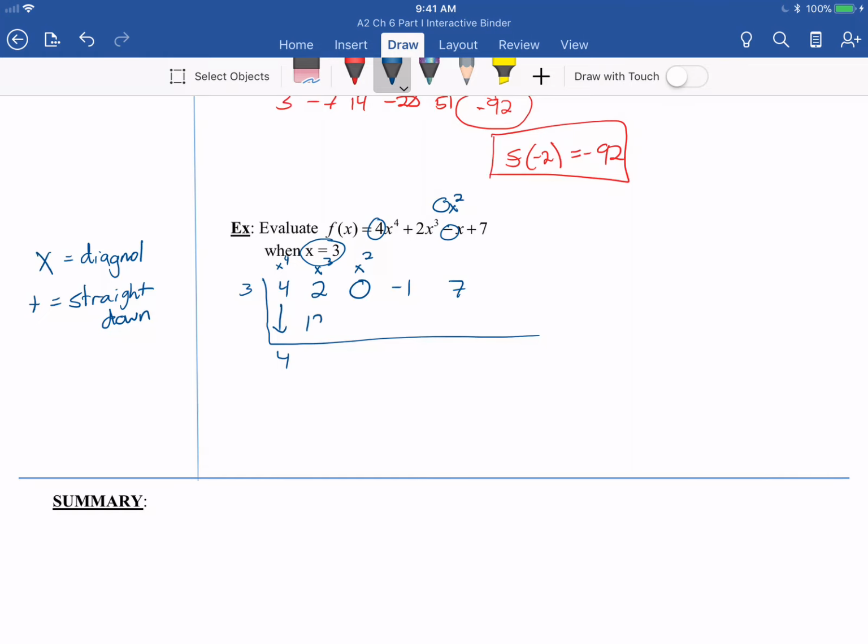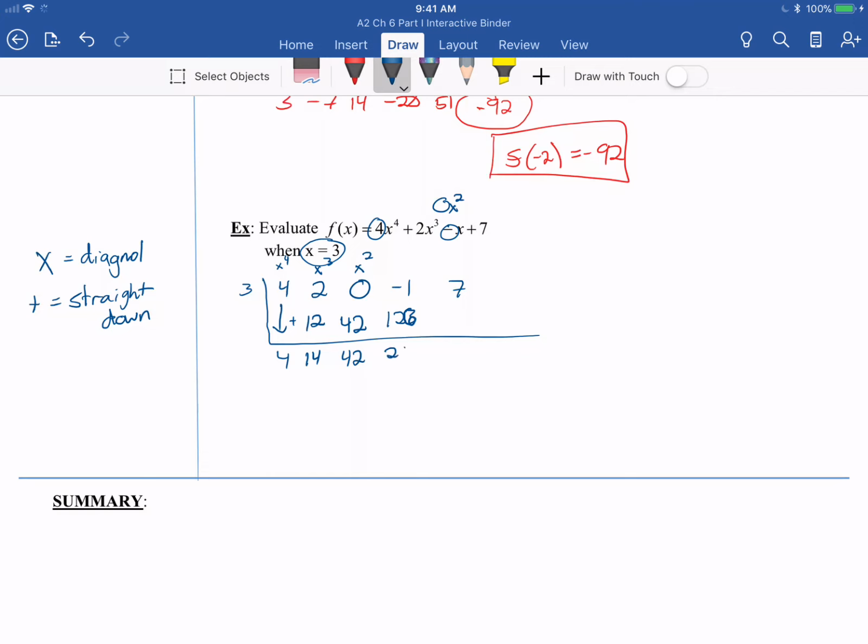So multiply here, that makes 12. Add straight down to give me 14. Multiply here to give me what? 42. Add straight down to give me 42. Multiply here, this gets to some bigger numbers, and that's okay. 3 times 42 is 126. Add straight down, that's a 6.